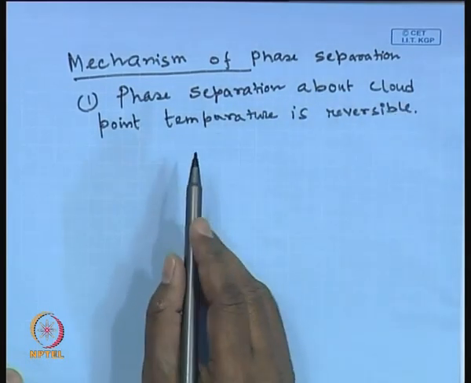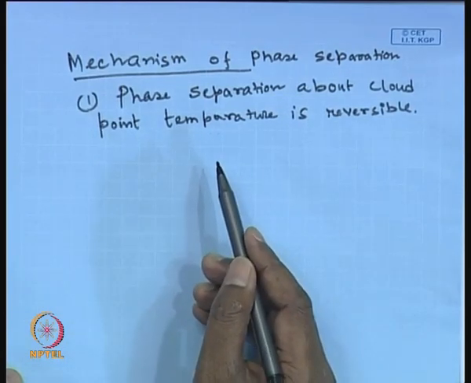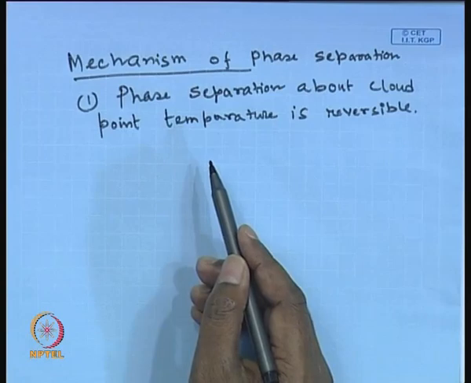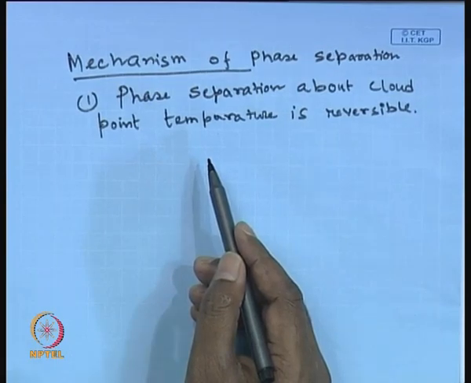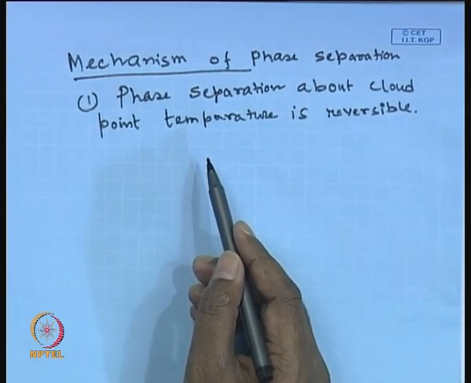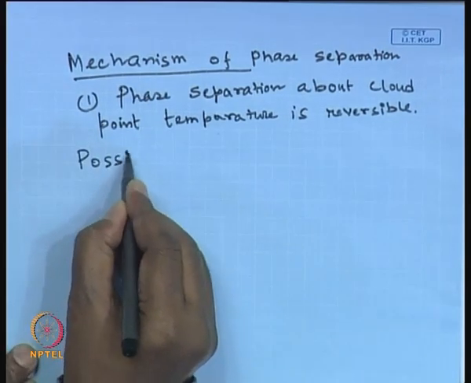That means, if you go beyond the cloud point temperature, the phases will separate into the micellar rich phase and the aqueous phase. If you lower the temperature below the cloud point temperature, again the two phases will mix up and you will have the phase as earlier. So, it is a reversible phenomenon.